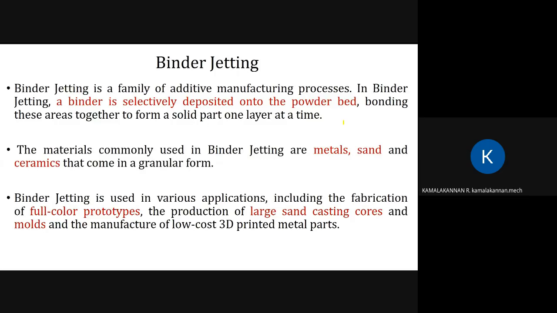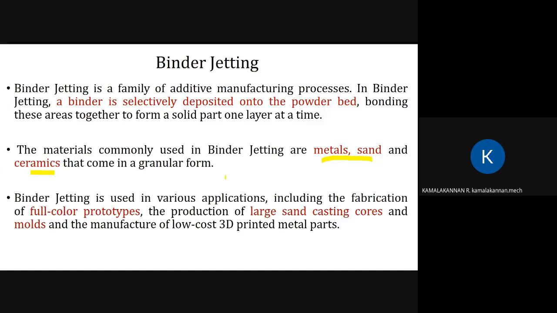The materials we are going to use here are metals, sand, and ceramics. Yes, of course. What you have seen is right. We can use metal, sand, and ceramics. An important thing is that you can use different colors, combinations of colors.